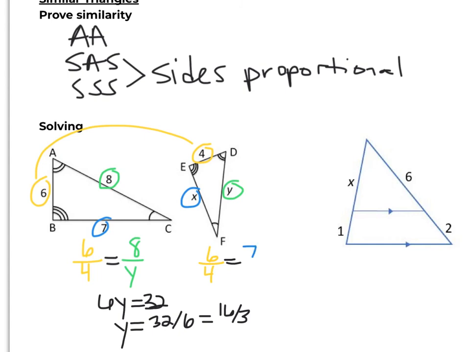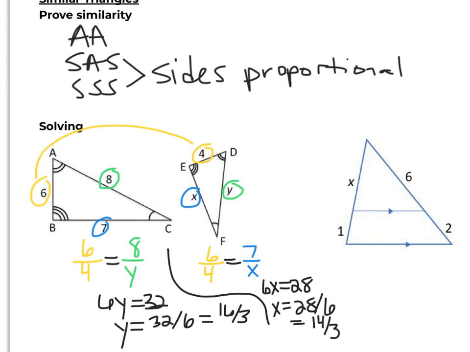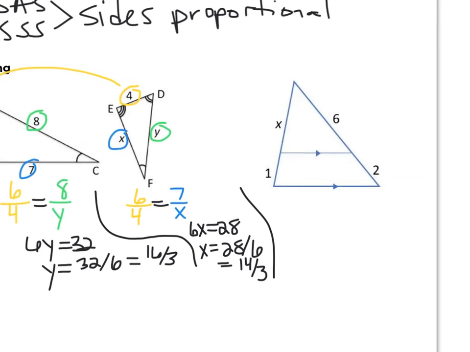And then we're going to do 7 over x. So I get 6x equals 28. So x is 28 over 6. Once again, I don't have a calculator, so we'll just reduce this to 14 over 3. So that's an example when we had separate triangles.